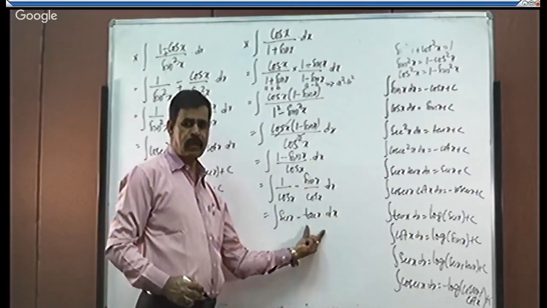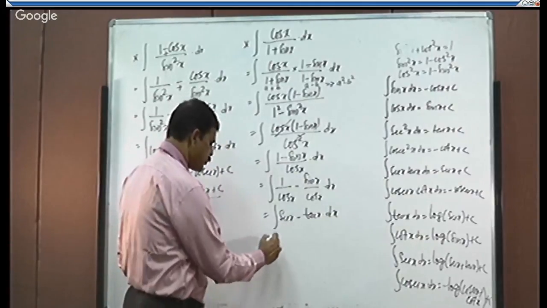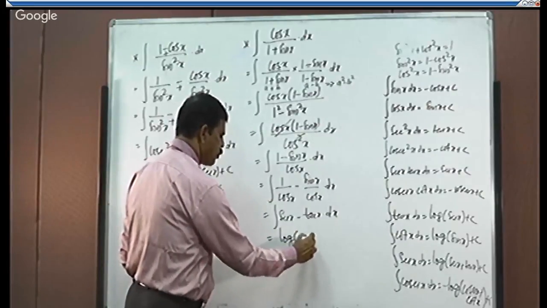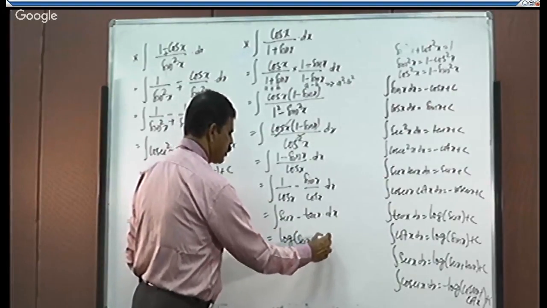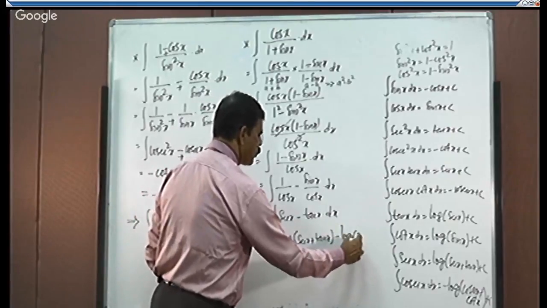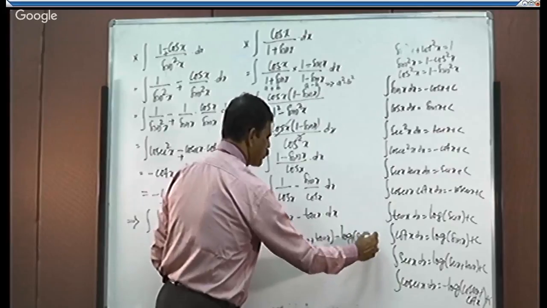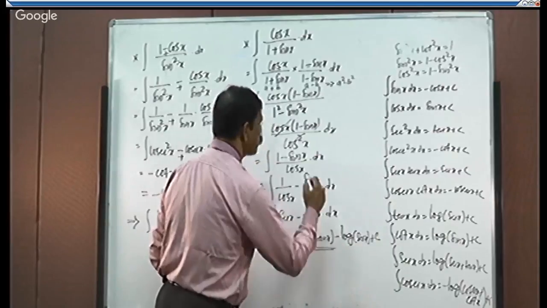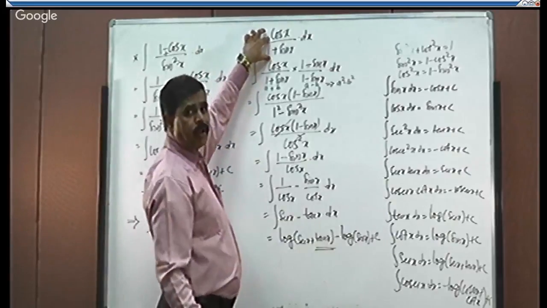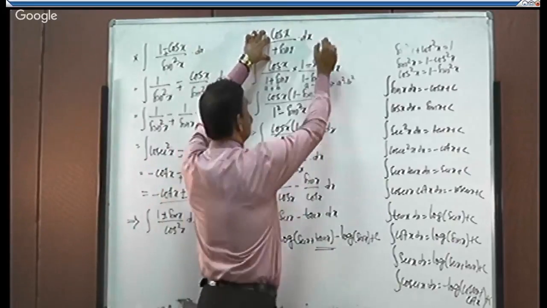We have integration for these two terms, right? What is integration of secant x? It is log of secant x plus tan x, right? Minus integration of tan x is what? It is log of secant x plus c. This is the answer. The same procedure should be followed for these problems.